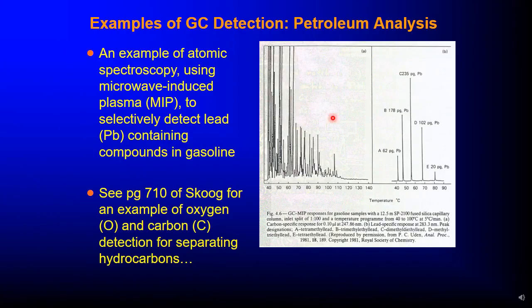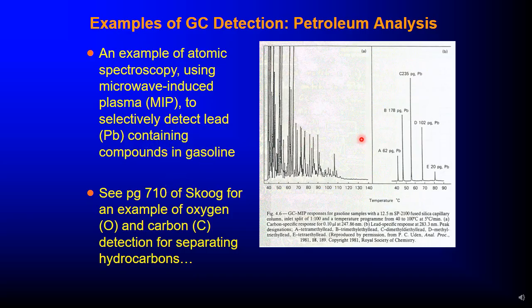So generally, some examples of GC detection: we have petroleum analysis. An example of atomic spectroscopy using microwave induced plasma to selectively detect lead containing compounds in gasoline.